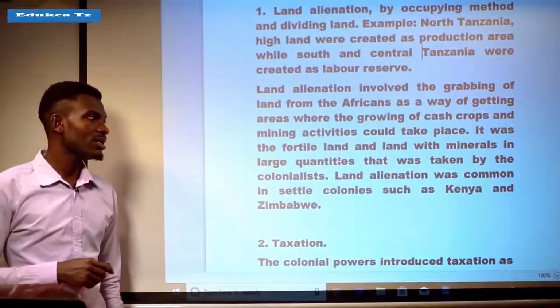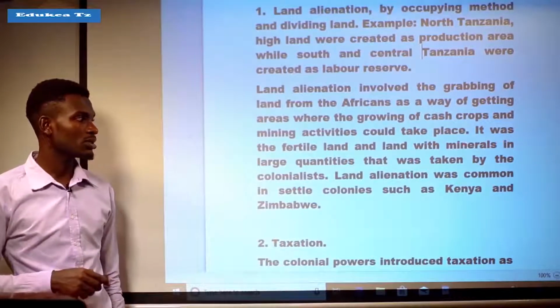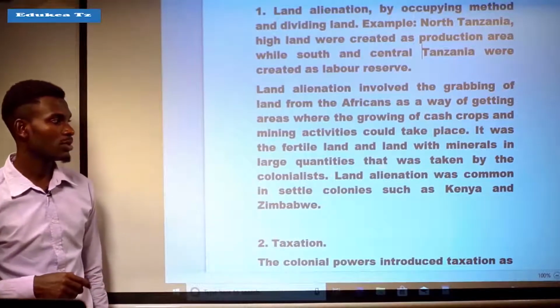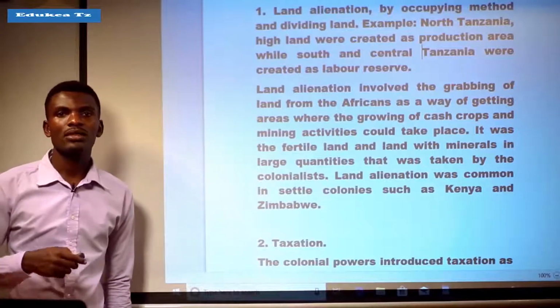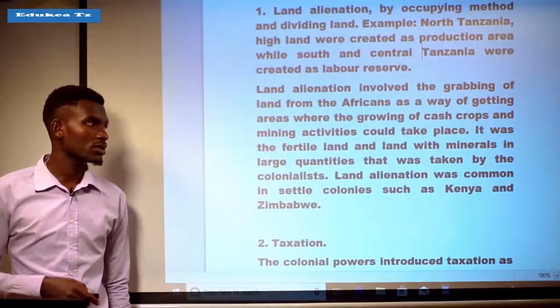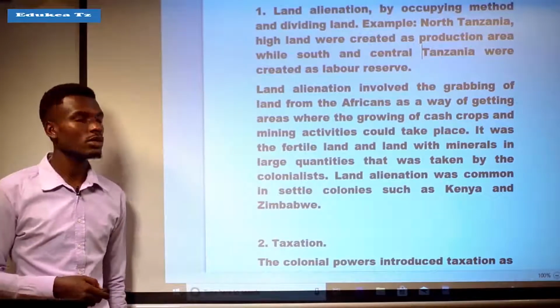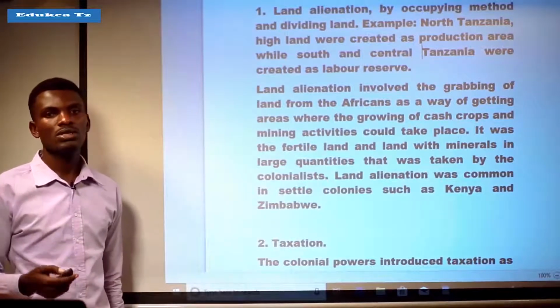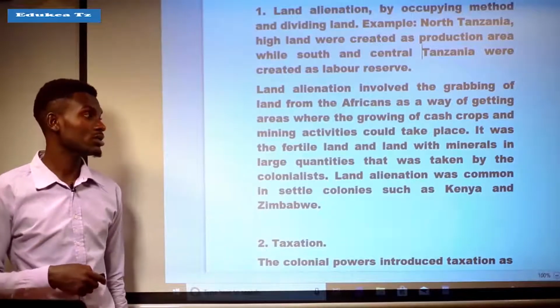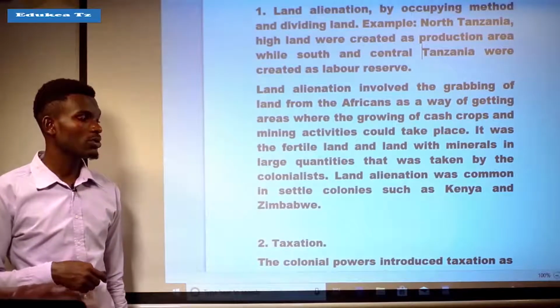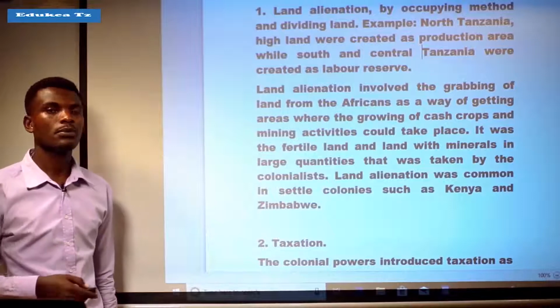It was the fertile land and land with minerals in large quantity that was taken by the colonialists to establish their projects.